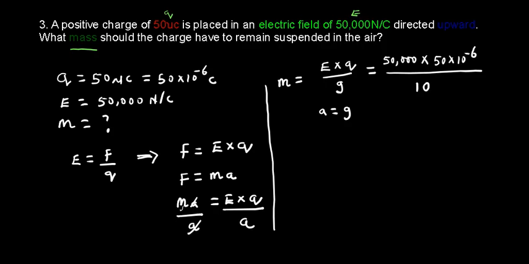So let's do that. 50,000 times 50 times 10 raised to the power negative 6 will give us 2.5. Then divided by 10 will give us 0.25 kilograms.